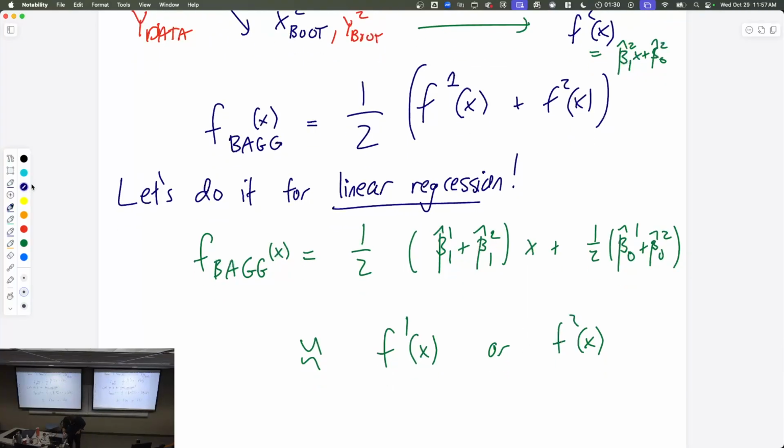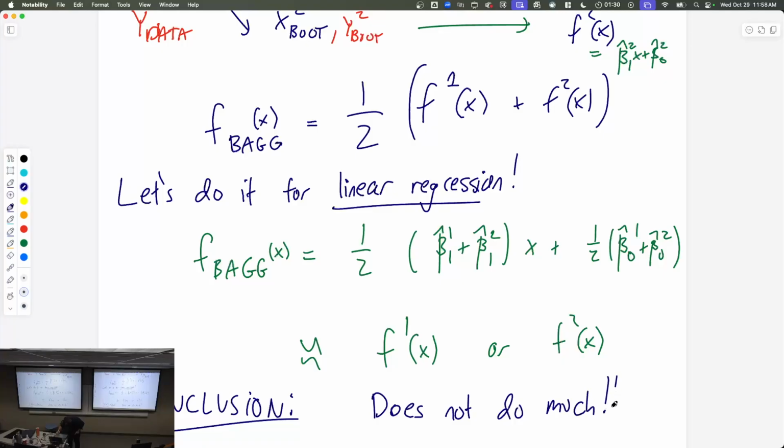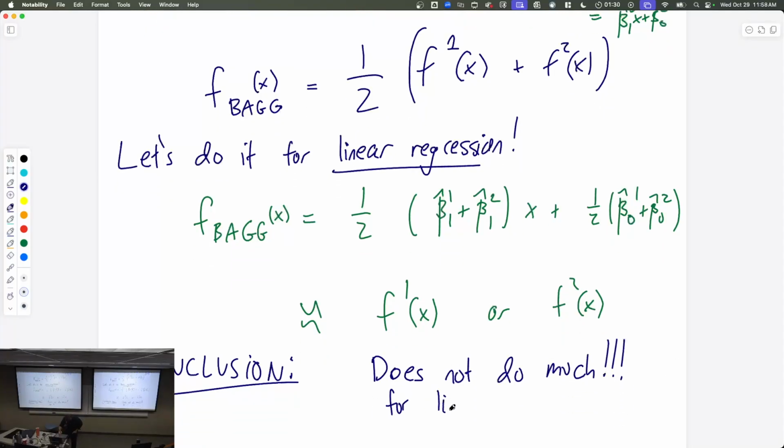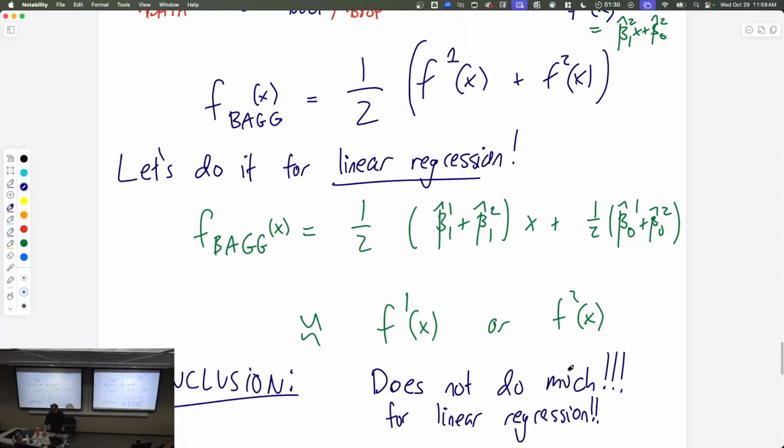So conclusion. Does not do much, let's say, for linear regression. And the reason is linear regression is linear.